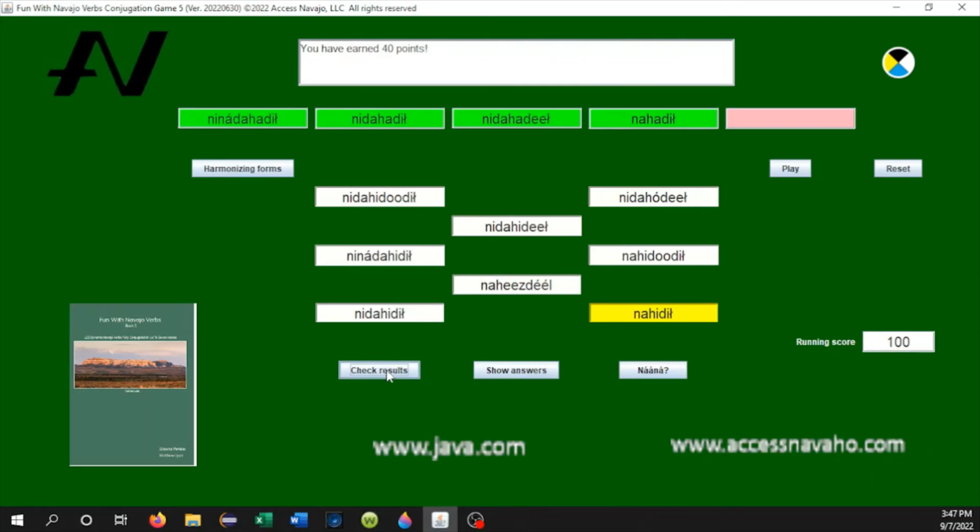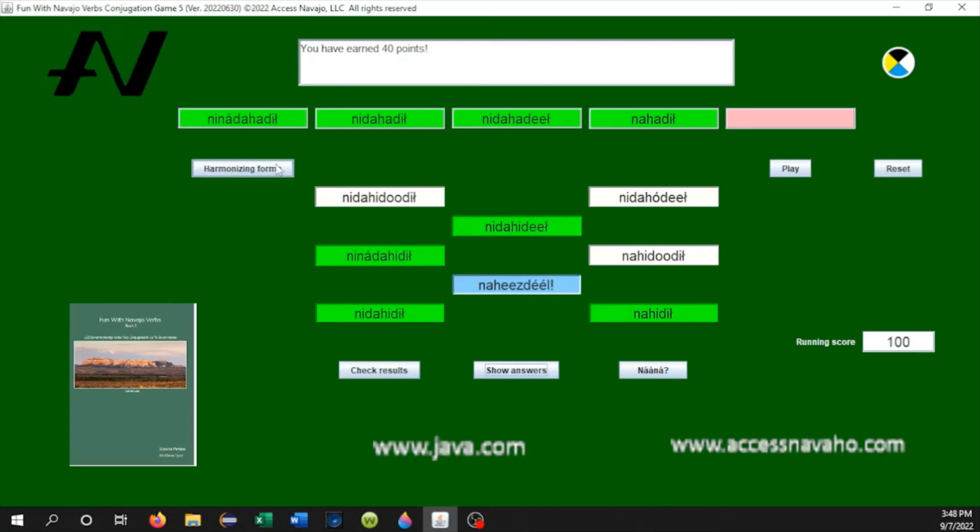Let's check our results. Okay, there was one more that we didn't get. Let's see which one that one was. Oh, that could have harmonized. It's a long vowel. Now, short vowels tend to harmonize much more regularly than long vowels, but there are people who harmonize everything. So there we go.